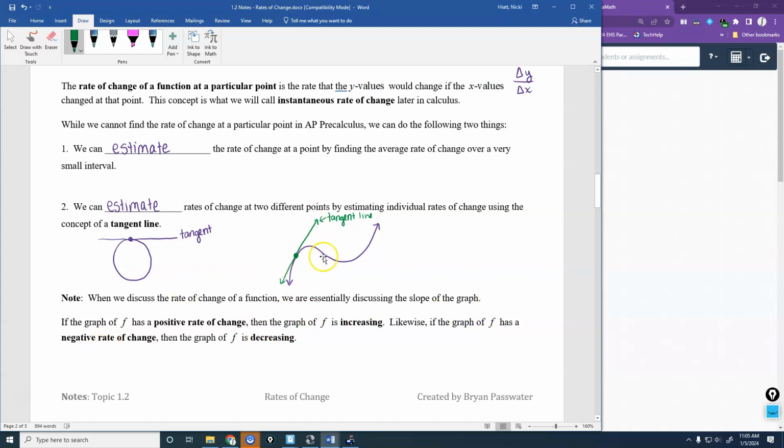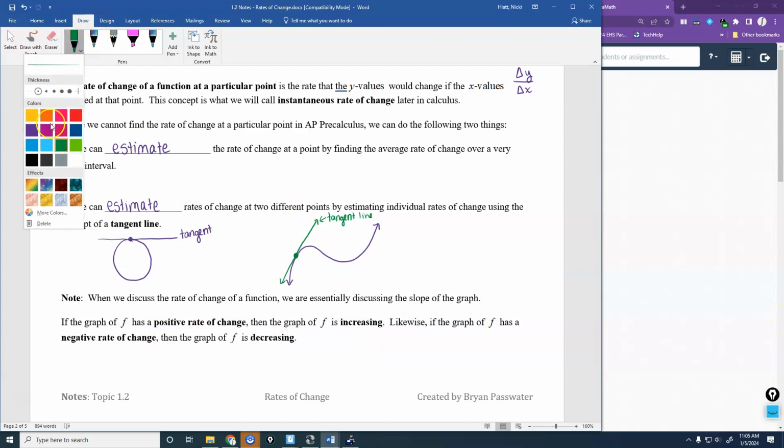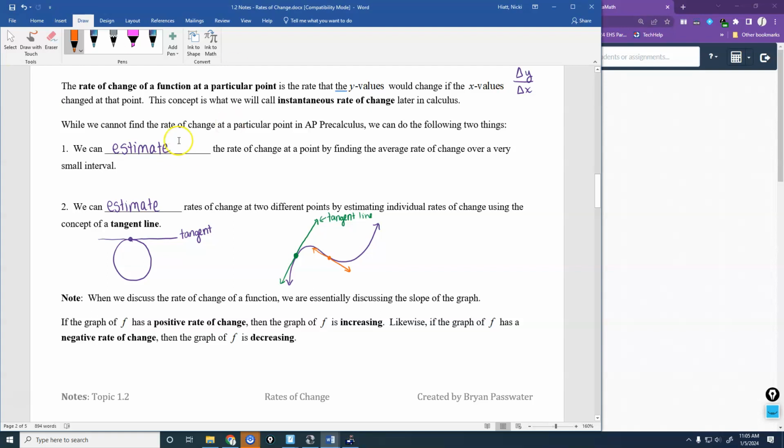If it has a negative rate of change, the graph will be decreasing. So if we did a tangent line over here in this section where we are decreasing, our tangent line would look maybe something like that. It would have a negative slope.